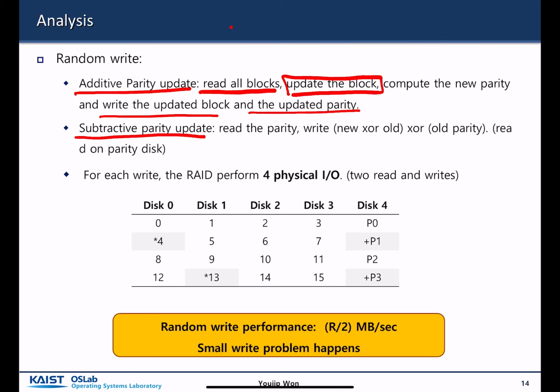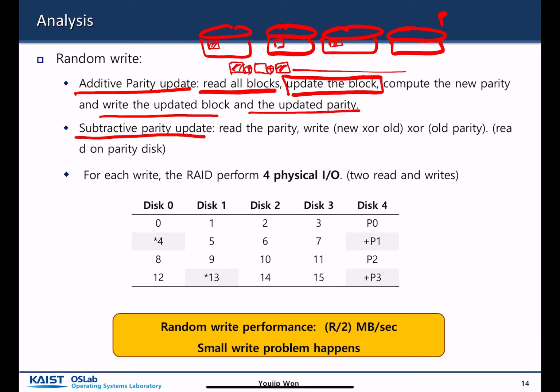So let's consider these 4 disks, and this is the parity disk, and you are going to update these blocks. Then you have to read all the other blocks in the stripe, recompute the parity, and then write it to the parity block.